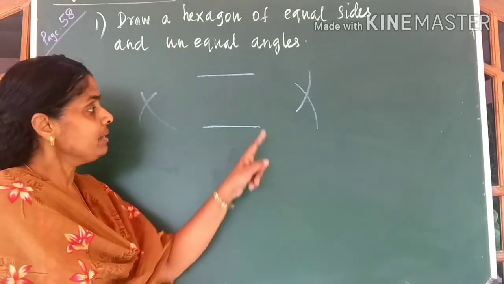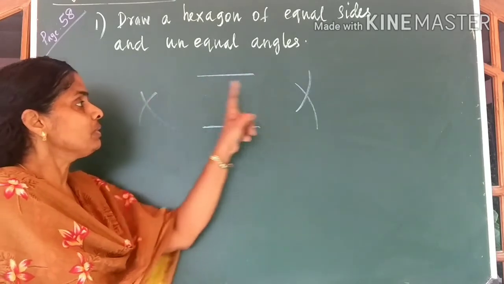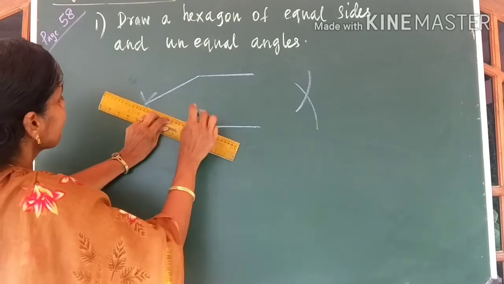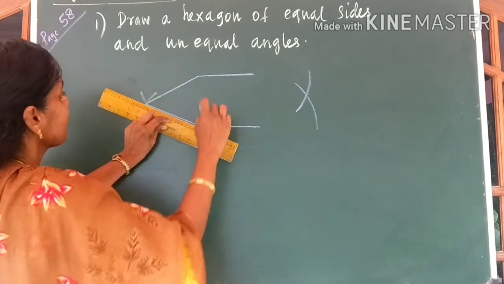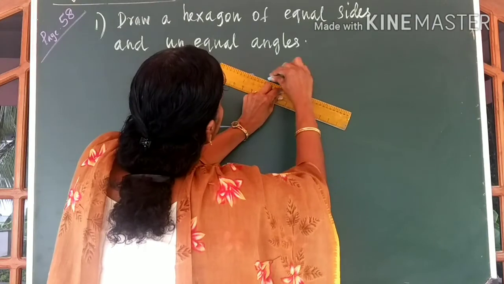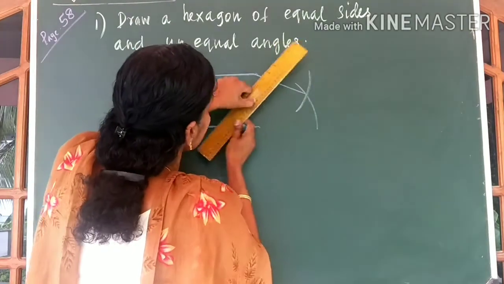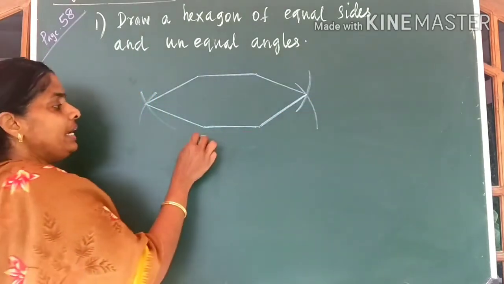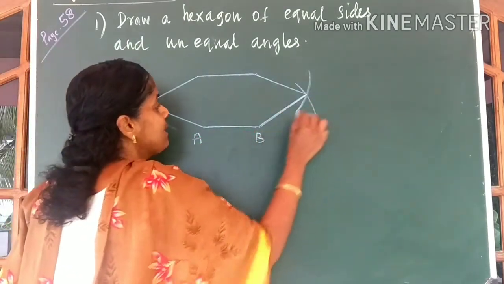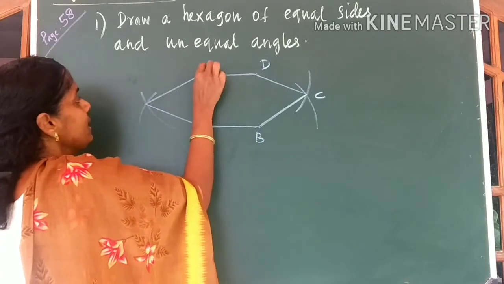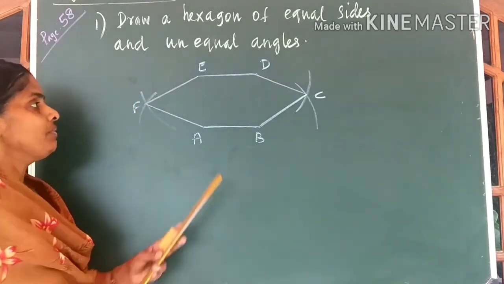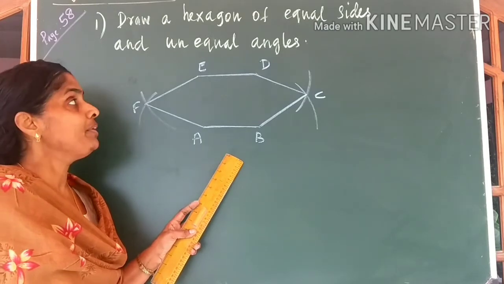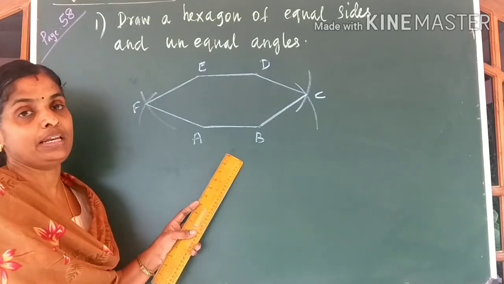Now join these two lines to these two arcs. Let us name it A, B, C, D, E, F. We got a hexagon with all sides equal but not all the angles equal.